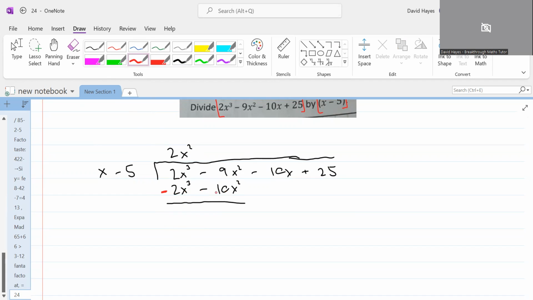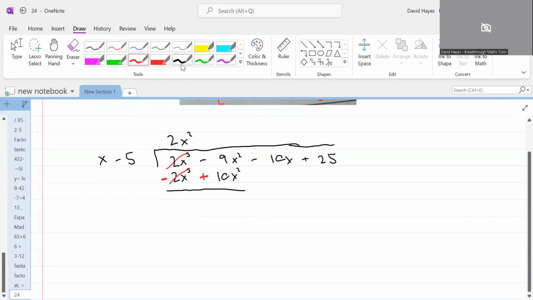I need to change the sign of the whole thing. So this minus 10x squared changes to a plus 10x squared. Now 2x squared plus minus 2x squared is 0. They cancel. Minus 9x squared plus 10x squared gives me a plus 1x squared.